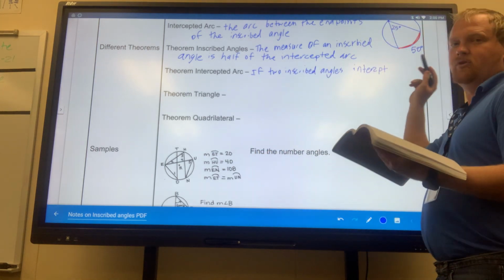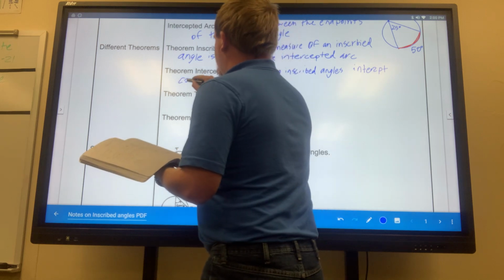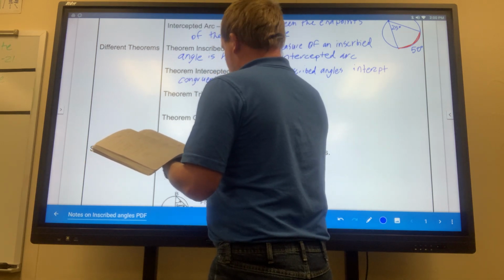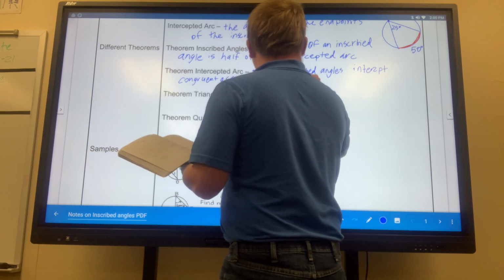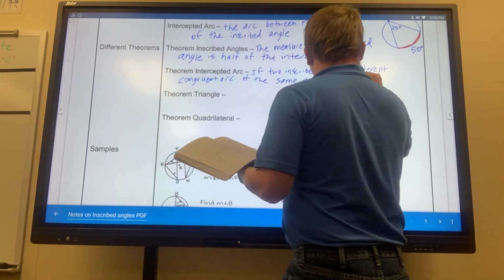If two inscribed angles intercept the same arc, then the angles are congruent.